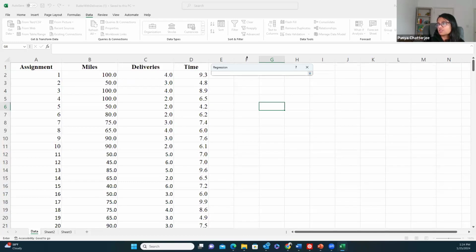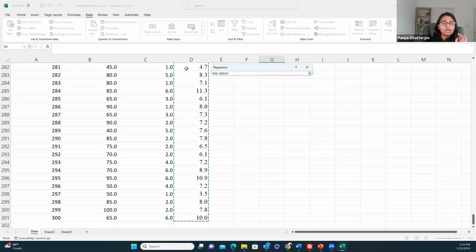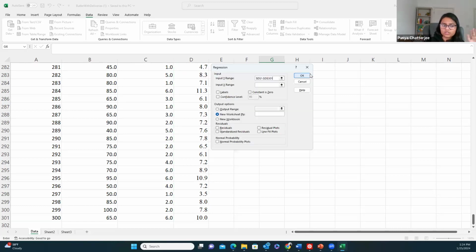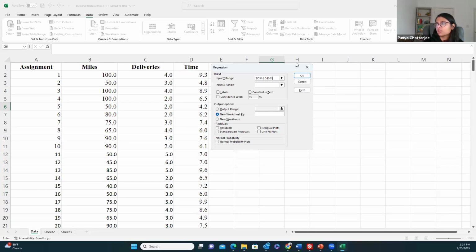If you're using Mac, you will be doing Command, Shift, and down arrow instead. Every time I do Control in Windows, you need to do Command. Or you could just drag it down by hand; that's fine too. So your Y input range is D1 to D301. Those are all of your Y data.